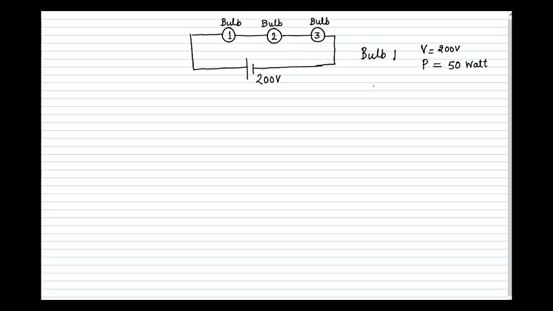Similarly for bulb 2, voltage V is equal to 200 volts and power P is equal to 100 watt. For bulb 3, voltage V is equal to 200 volt and power P is equal to 25 watt.